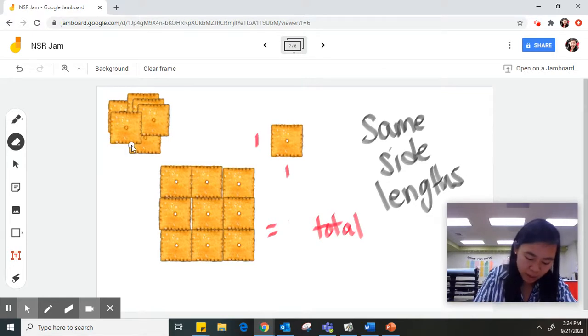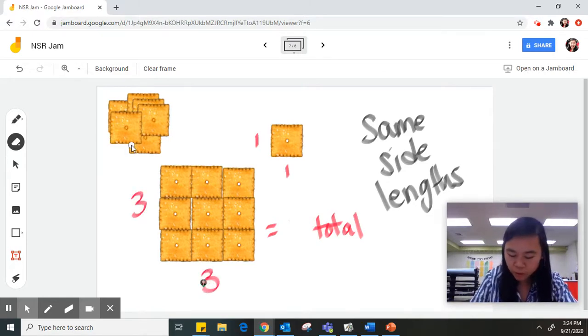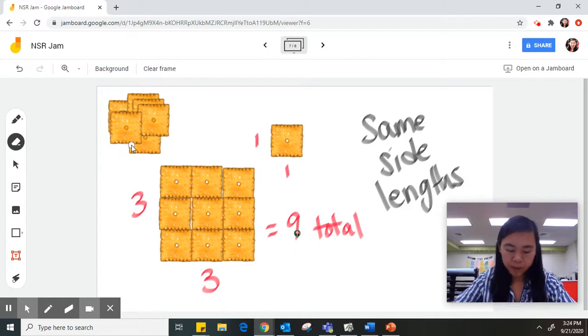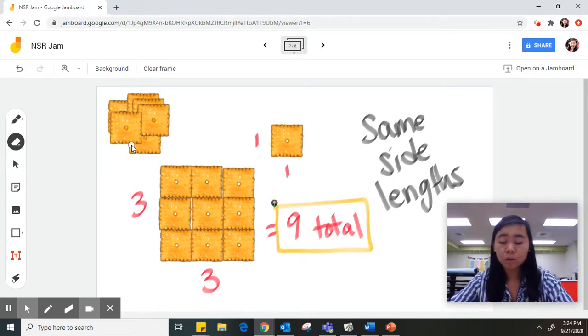It is now 3 high and 3 long for a total of 9. So now I know that 9 also is a perfect square number, because if I gave you 9 total Cheez-Its, you could create a perfect square. So it's not necessarily odd or even numbers. It is numbers that you get by multiplying any whole number by itself.